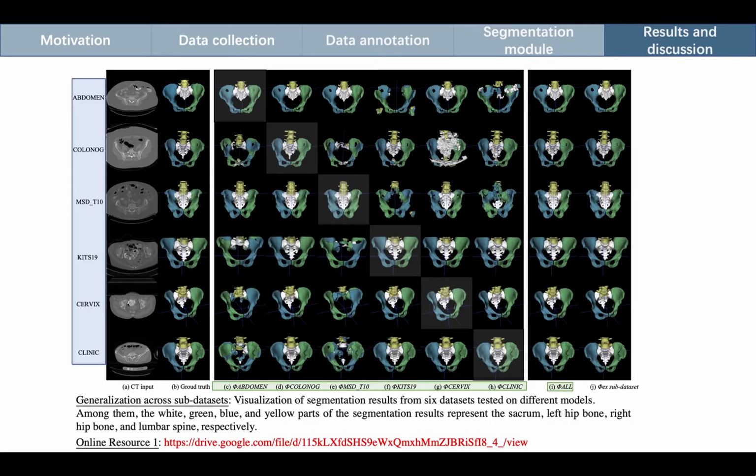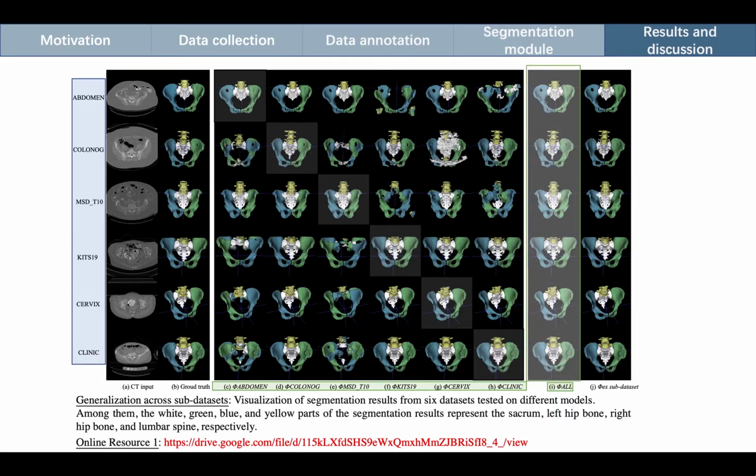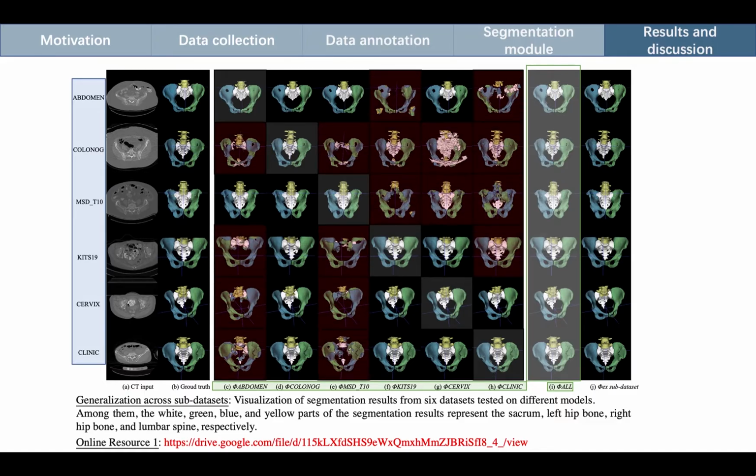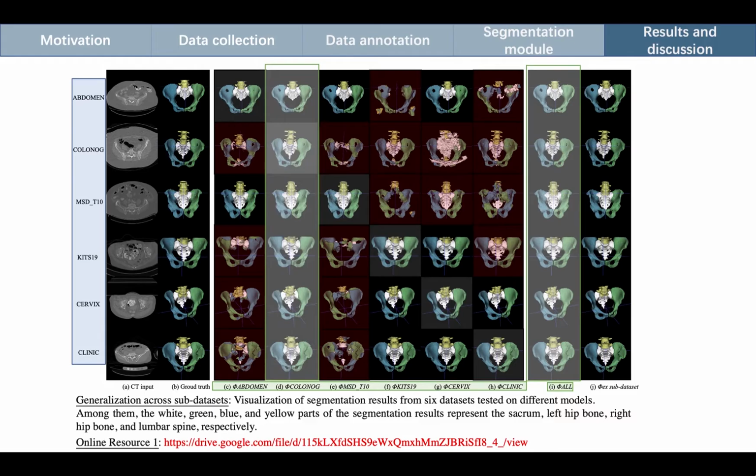Phi means model here. Then we tested them on each sub-dataset. We observed that the results of model all are generally better than those models trained on a single sub-dataset. They are difficult to consistently perform well in other domains, except the second model here, phi-(OG). It originally contains the largest amount of data from various sources.